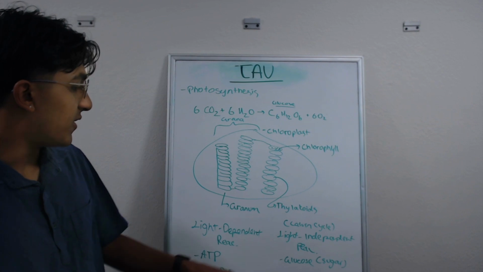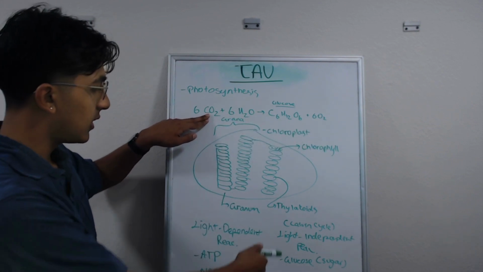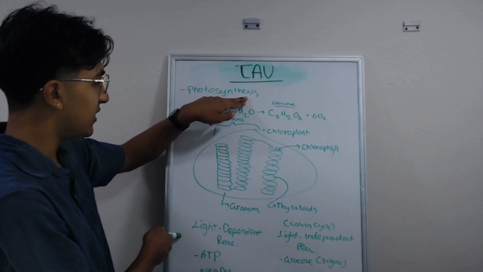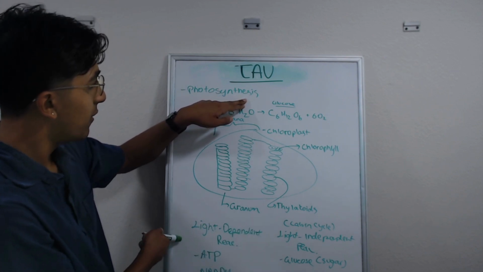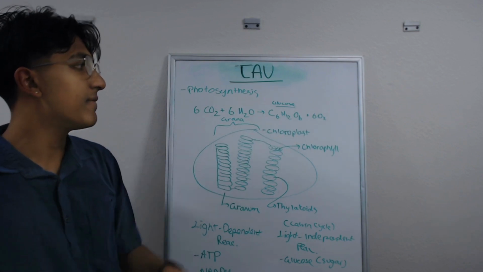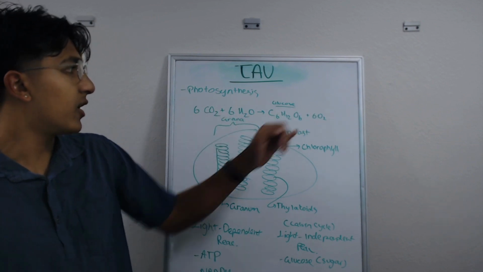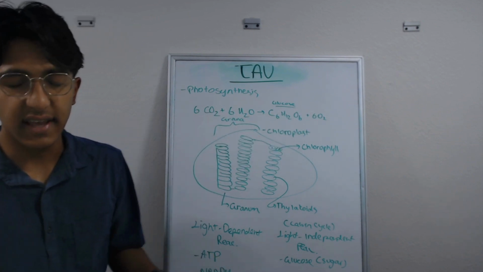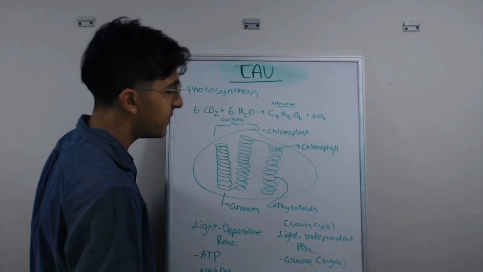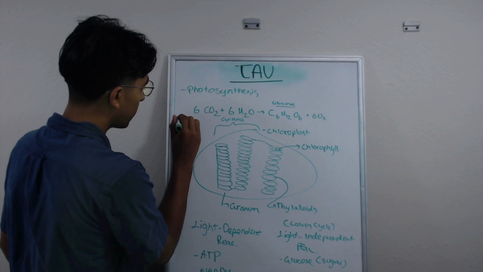Okay, so that's what this equation says here. The CO2, the Calvin cycle, and the H2O and the light dependent reaction forms your glucose, and then you also have oxygen as a waste product. So how do the CO2 and oxygen get in and exit the cell? Well, on the bottom of every leaf, there are things called stomata.